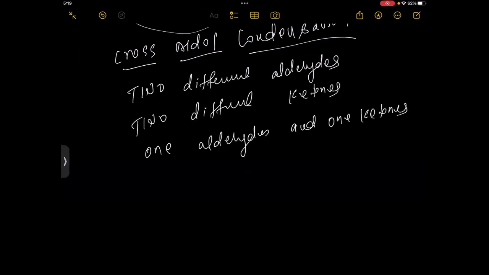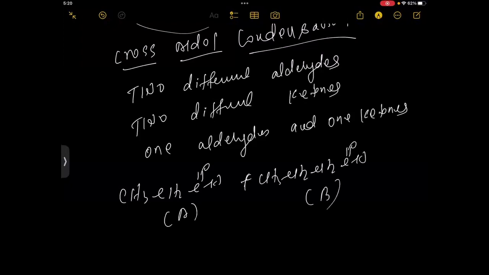There is NCERT question number 8.9, or 12.9 in the old book and 8.9 in the new book, in the aldehyde chapter exercise. It is given that you have propanal, CH3CH2CHO, and butanal, CH3CH2CH2CHO.